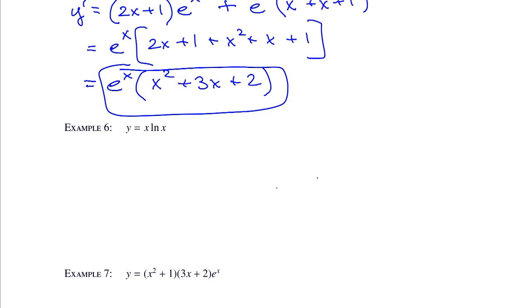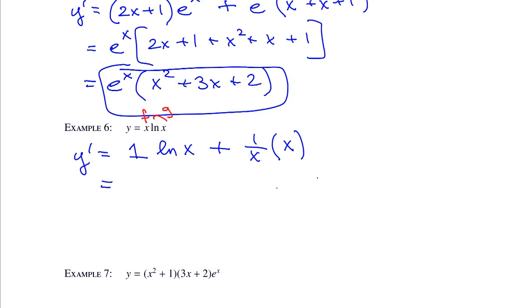All right, let's check it. So we have f, and we have the g. So y prime is the derivative of f times, which is 1, times the natural log of x, unchanged, plus the derivative of the natural log of x, which is 1 over x, times the original f, which is x, unchanged.